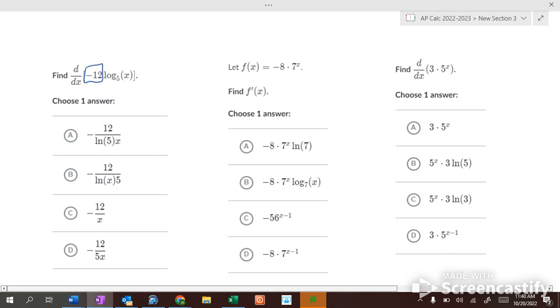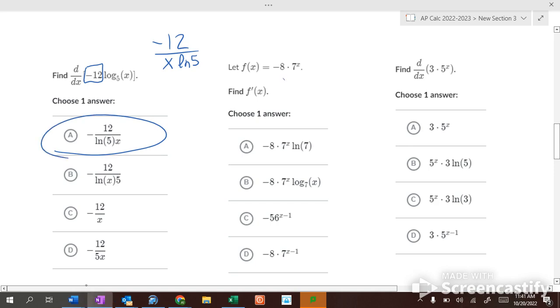It stays out front. If something is out front, is it in the numerator or denominator? Numerator. So the negative 12 should be in the numerator. Log base 5 of x. Well, the base is the ln of that number, and then whatever x is, it's x. So it's choice A.